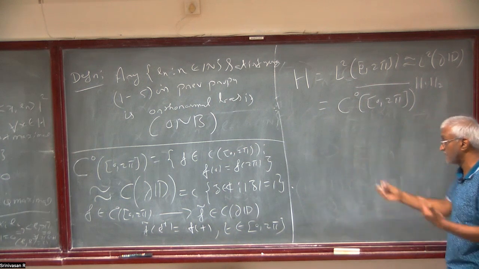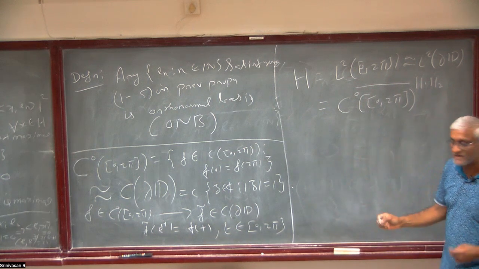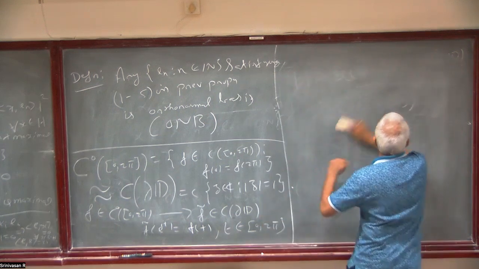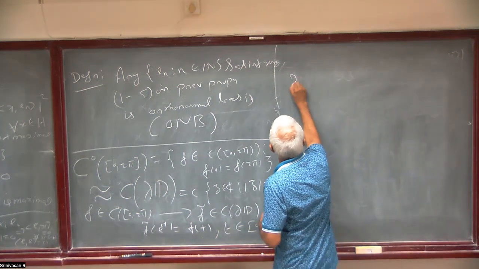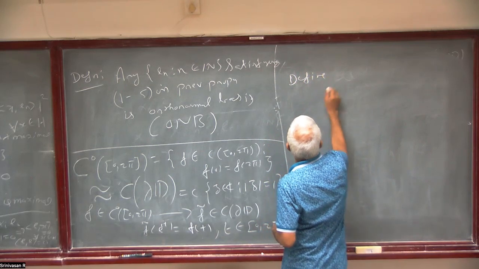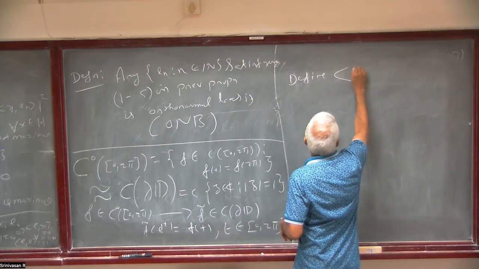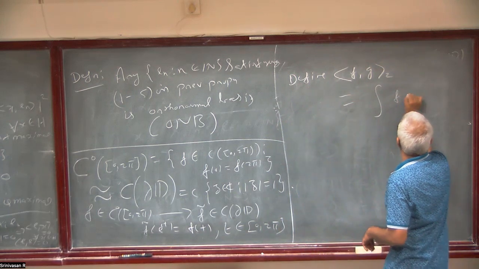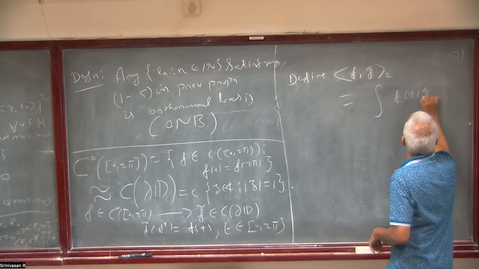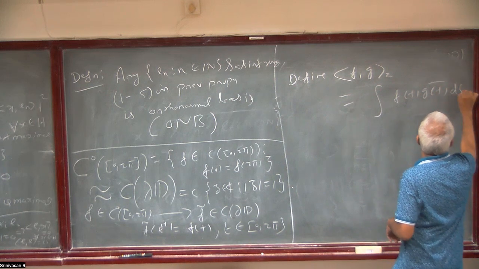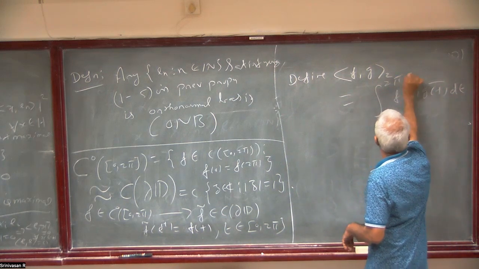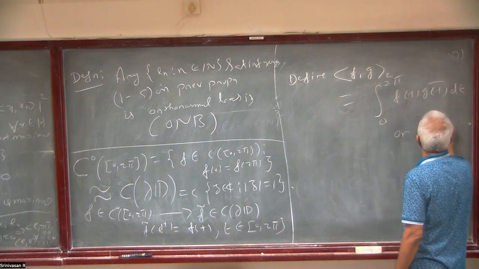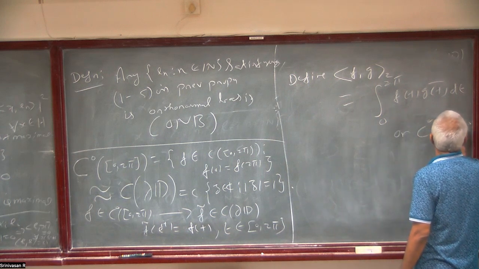I forgot to say, I already defined, but let me define again. Define the inner product of f and g equal to the integral of f of t g of t bar dt on 0 to 2 pi.